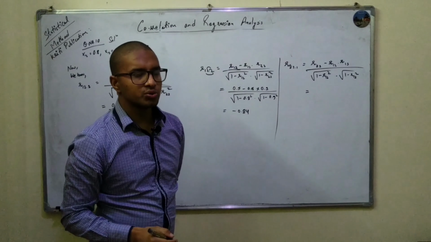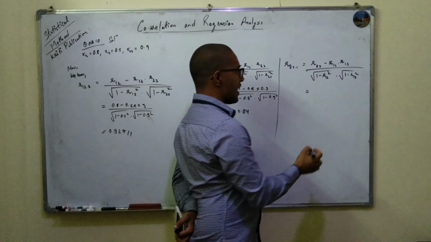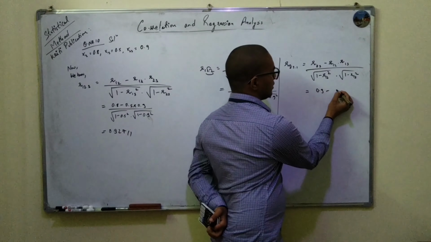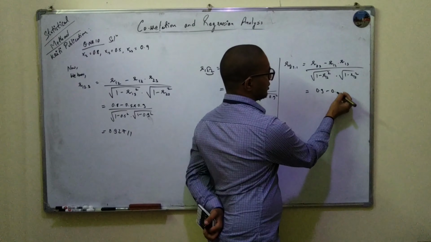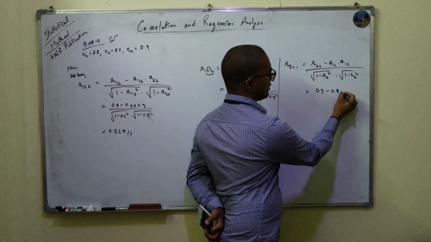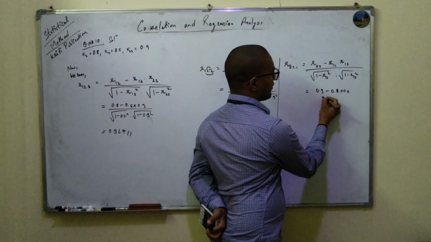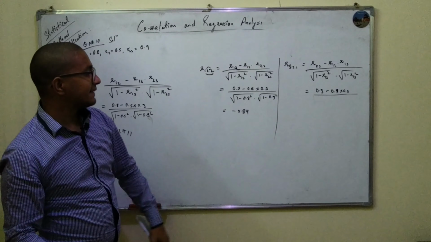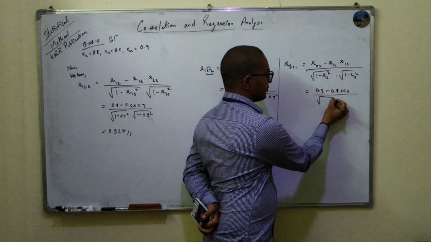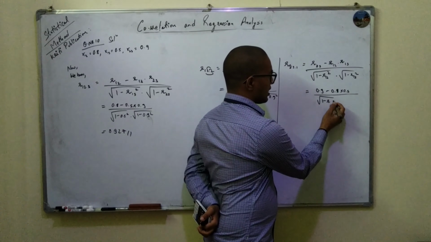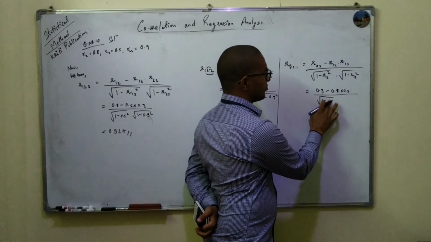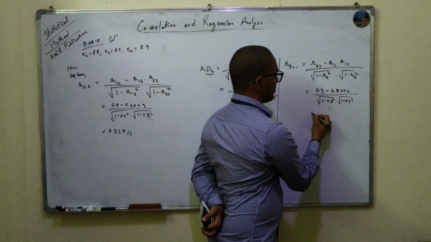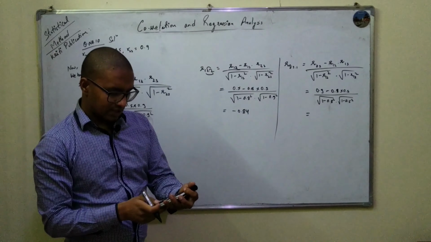R23 is 0.9, minus 0.8 times 0.5, and then 1 minus 0.8 square, 1 minus 0.5 square. So how much will we get?